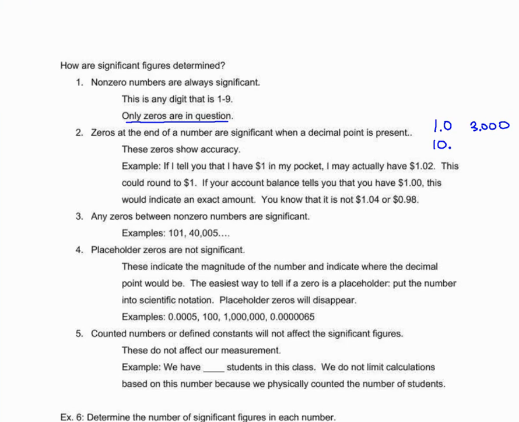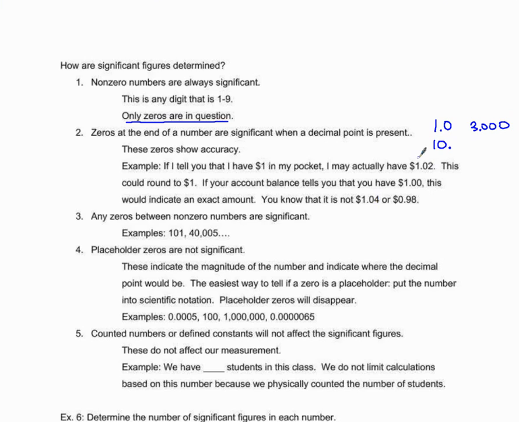However, if you check your bank account balance, if it says you have $1.00, this is an exact amount. Because look, here's the decimal, and these are showing accuracy. We know for a fact that this is $1. It's an exact amount, and we know that it's not going to be $1.04.